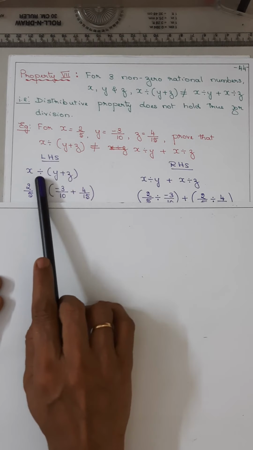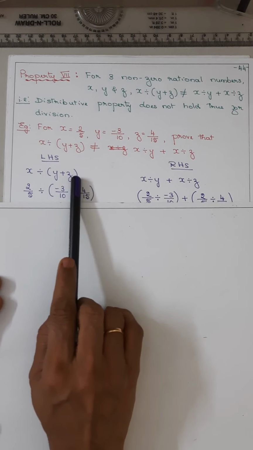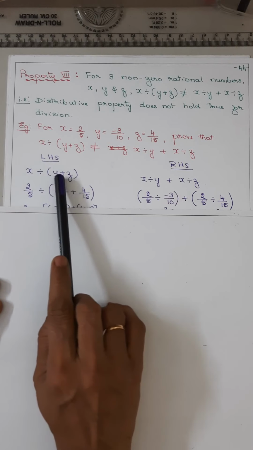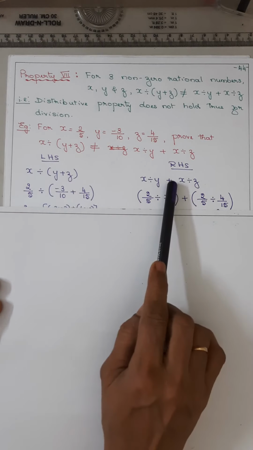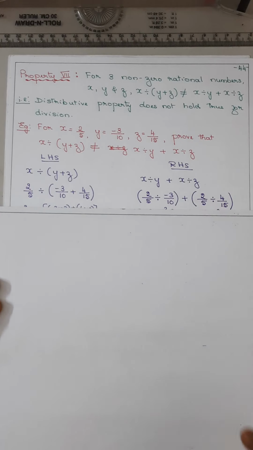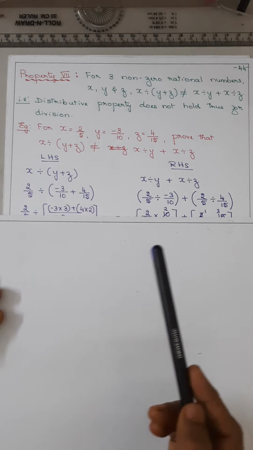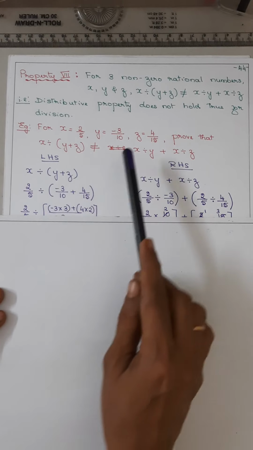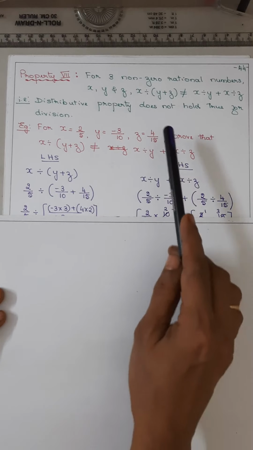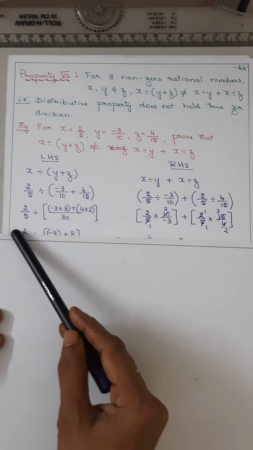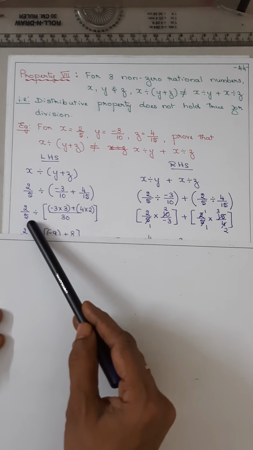So x divided by y plus z, and here x divided by y, first divided by the second, plus x divided by z, first divided by the third. Put the values. 2 by 5 divided by bracket open minus 3 by 10 plus 4 by 15. 2 by 5 as it is, division sign.